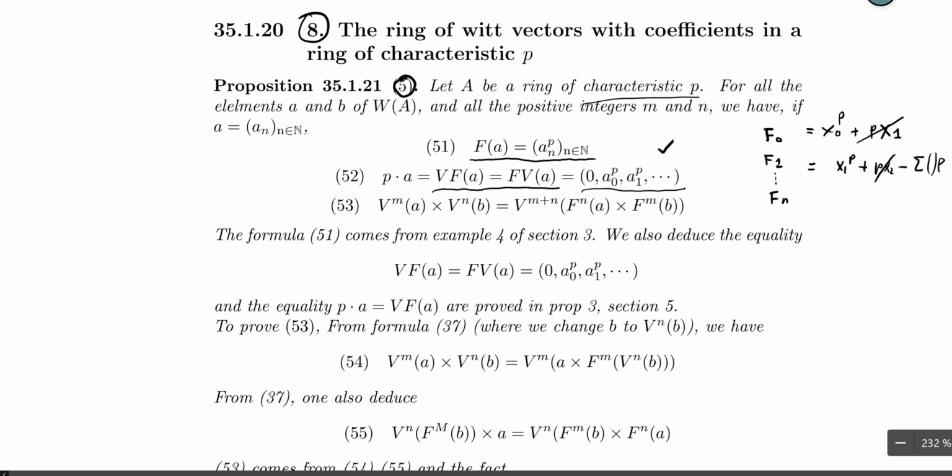So it is divisible by p here. Look carefully, you will see this is modulo p.